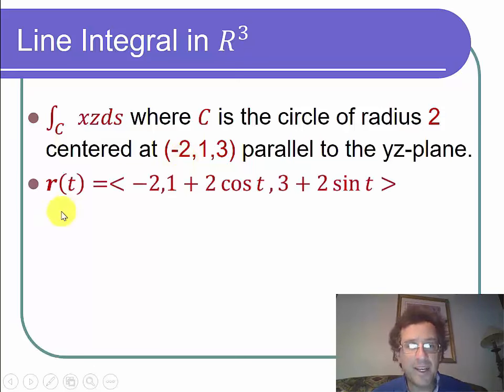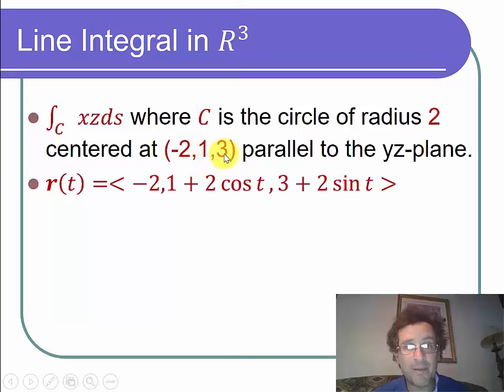So that gives us the way of finding a vector-valued function for this circle. We let x of t equal -2, and then for y and z, we realize we have a circle.